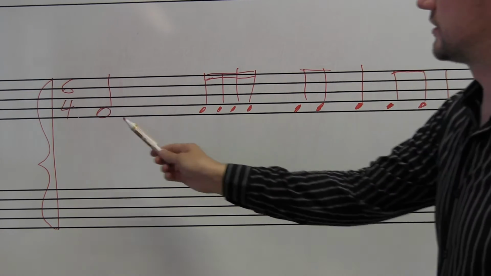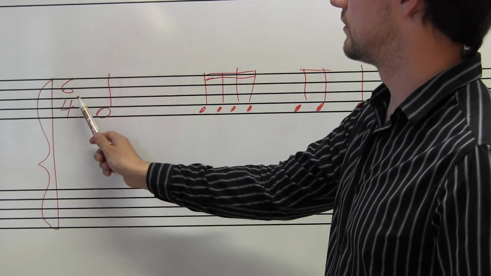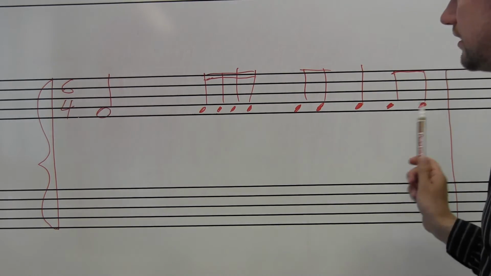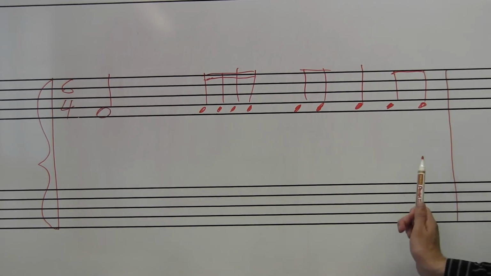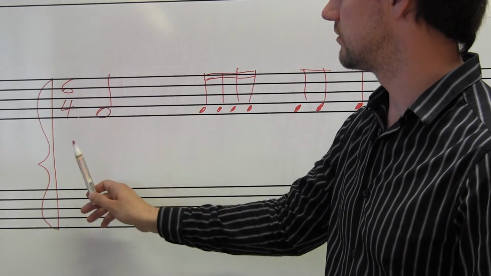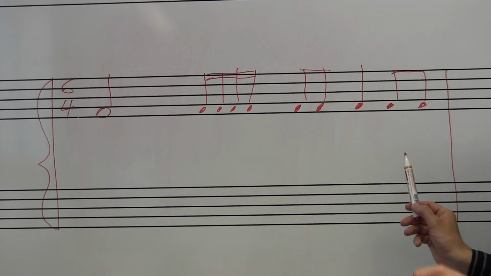So there must be 6 beats per bar, and 1 beat is a quarter note, so there must be 6 quarter notes in total in this bar.